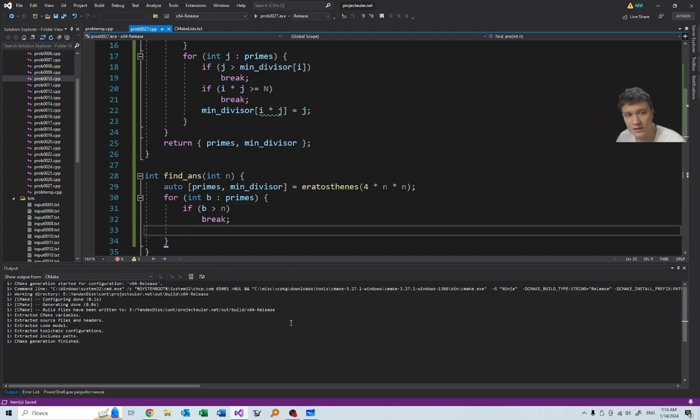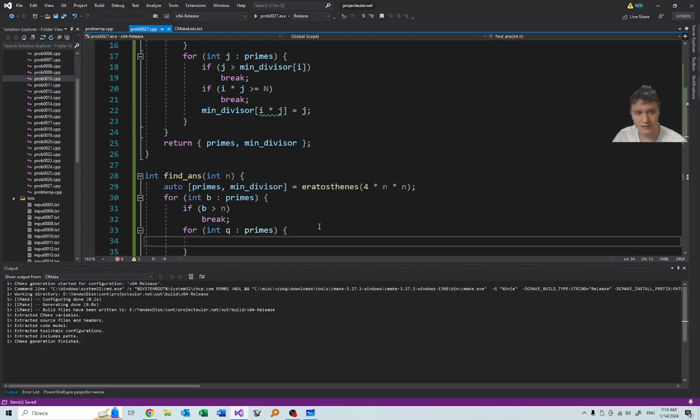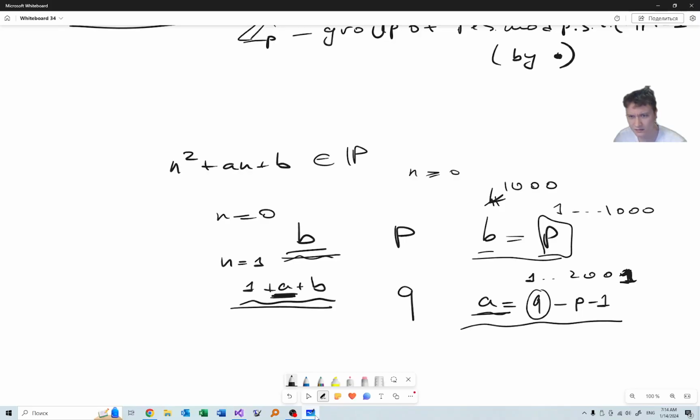Okay, then I want to consider A. How do I consider A? I just say that for int q in primes, I say that A is q minus B minus 1.